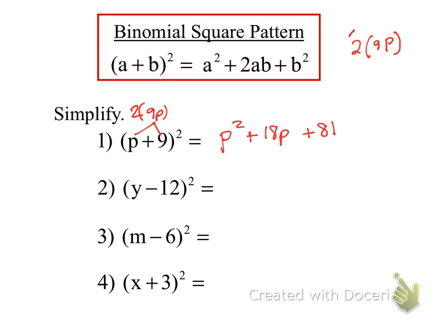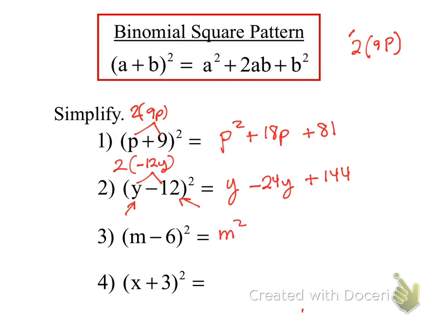Try the next one, Julia. Square the first term. Y to the second, right. And the last term, what's that going to be? 144. Uh-huh. Multiply them together. What do we get? Negative 12y. Good. And then double that, times 2. Negative 24y. You understand? Nicole, next one. M squared. Uh-huh.